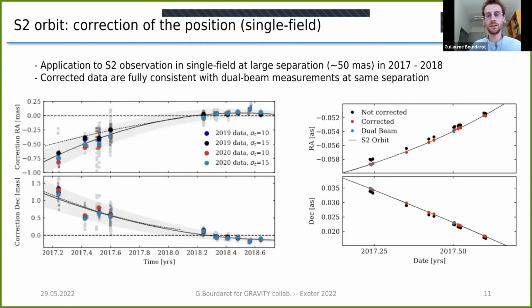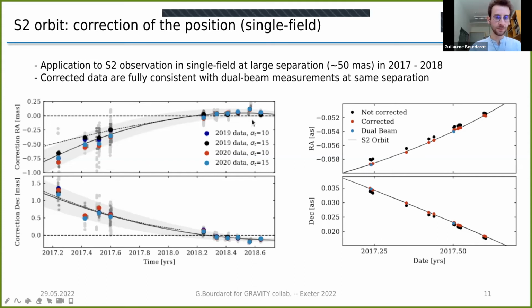This is the last part of my talk. After this test campaign, this was successfully applied to the observation of S2, the star orbiting the galactic center, and in particular for the data set at large separation, on the order of 50 mas, when S2 was really at the edge of the field of view of the fiber, for which this effect of aberration is most prominent.